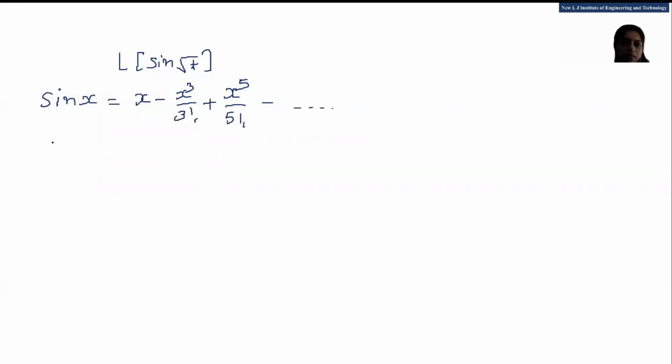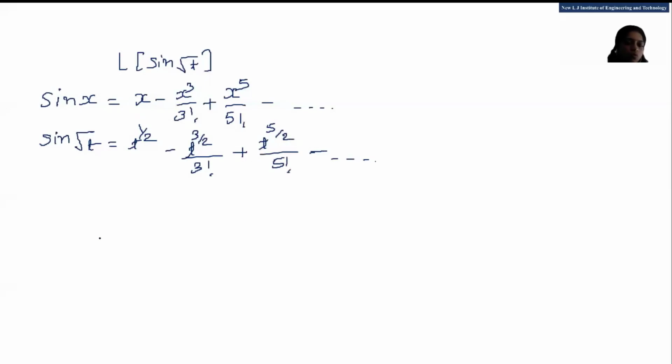So if I replace this x by root t, then sine root t is there, right? So here root t, or we can write t raised to 1/2 minus t raised to 3 by 2 upon 3 factorial plus t raised to 5 by 2 upon 5 factorial minus up to so on.